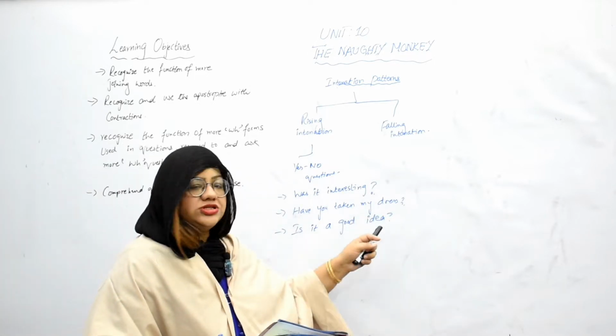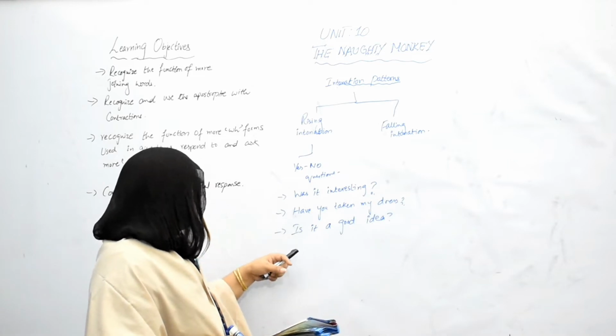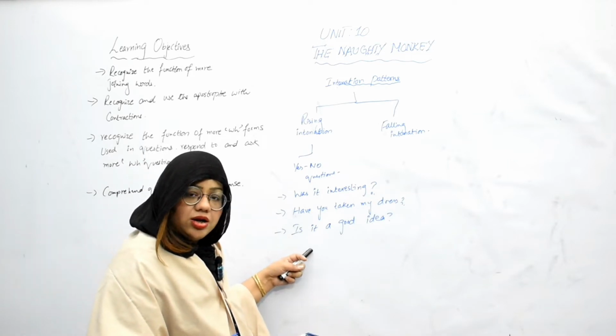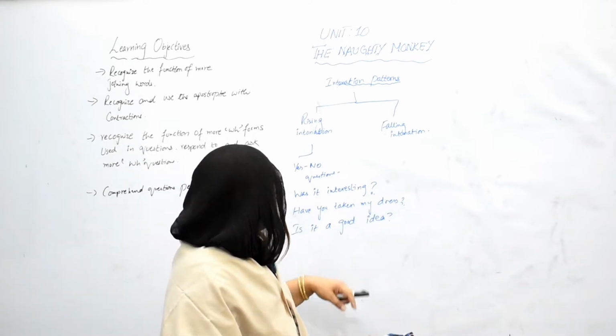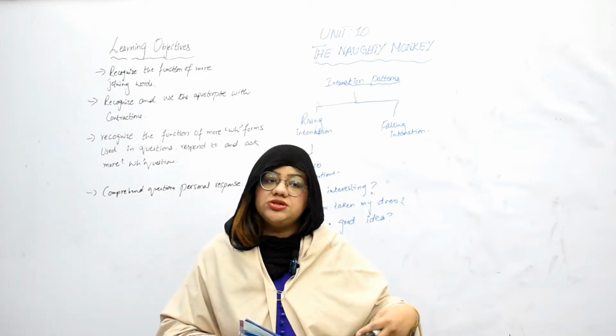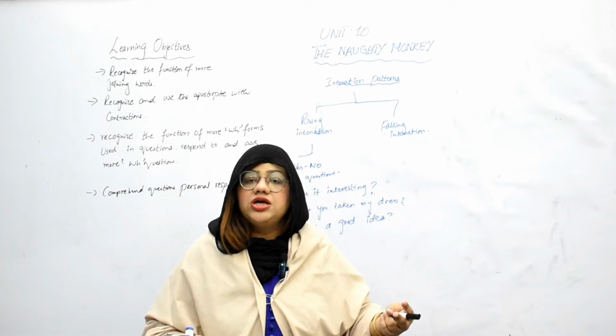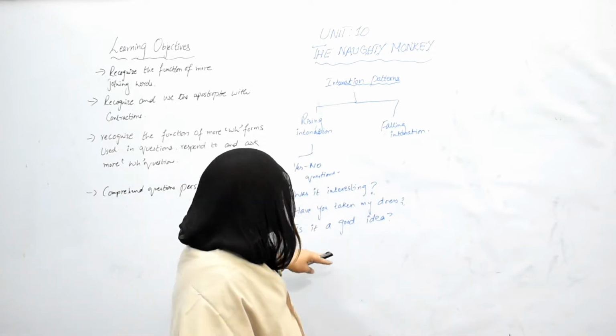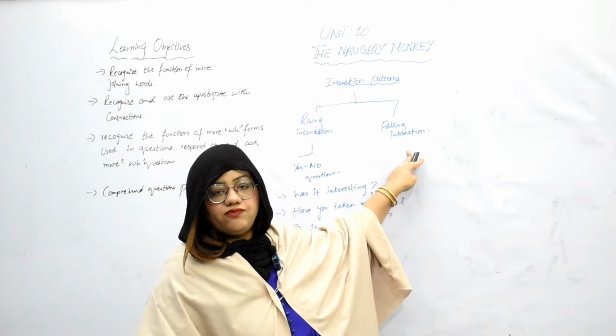Is it a good idea? These are in the form of yes or no questions. I hope now you have an understanding of when a person's voice is in the rising form and what the criteria underlying this are. Now moving to falling intonations.